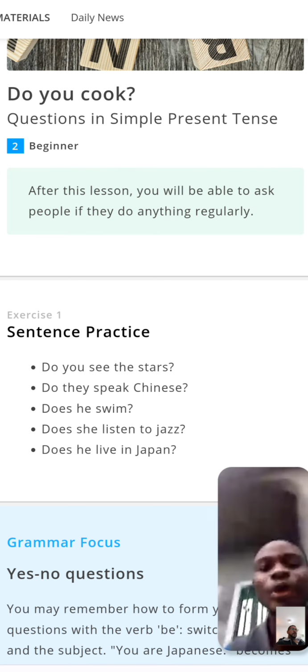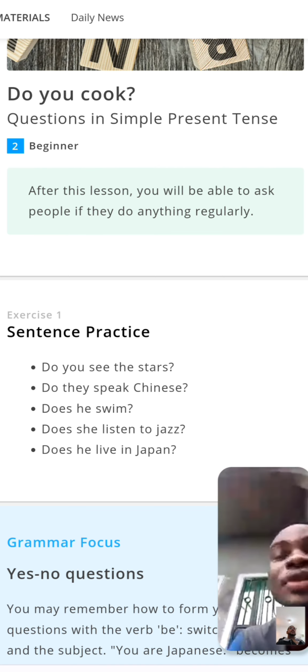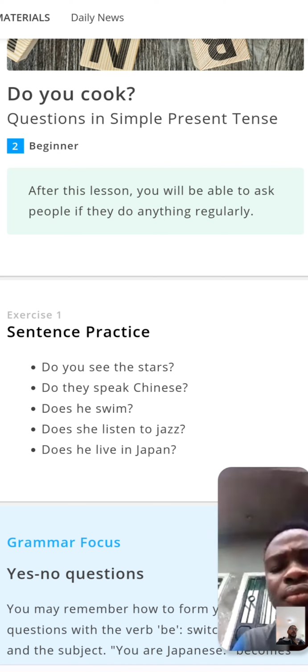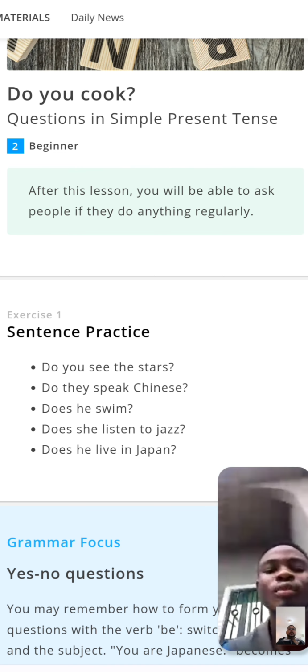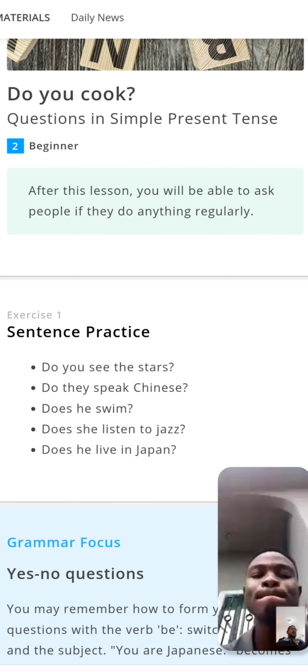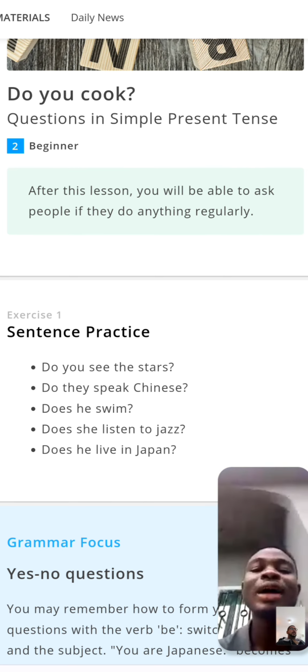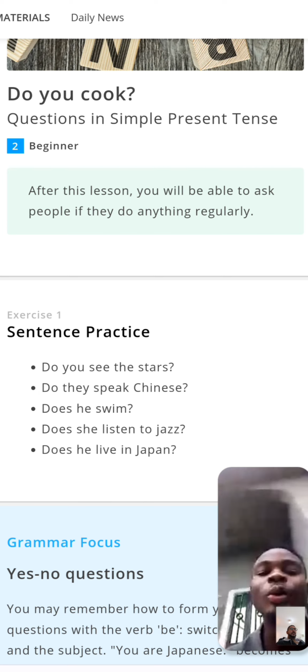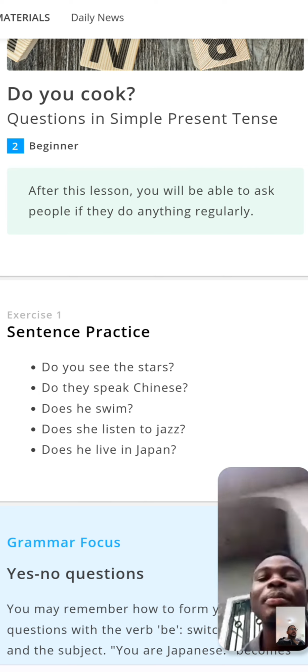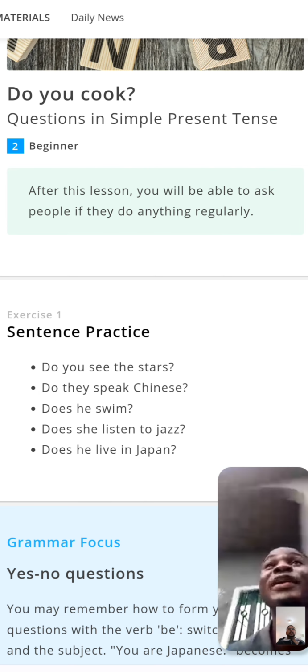So we have grammar questions in the simple present tense. Lesson objective. After this lesson, you will be able to ask people if they do anything regularly.